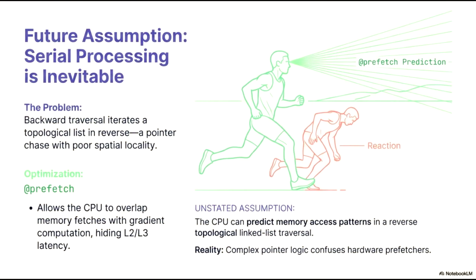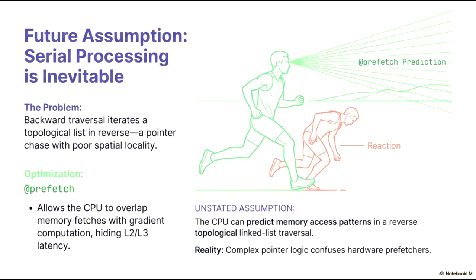The assumption that serial processing is inevitable often stems from the inherent difficulties of backward traversal. When we iterate through a topological list in reverse, we are essentially performing a pointer chase, which results in poor spatial locality. To mitigate this, we use the @prefetch optimization, which is designed to allow the CPU to overlap memory fetches with gradient computation to hide L2 and L3 latency.